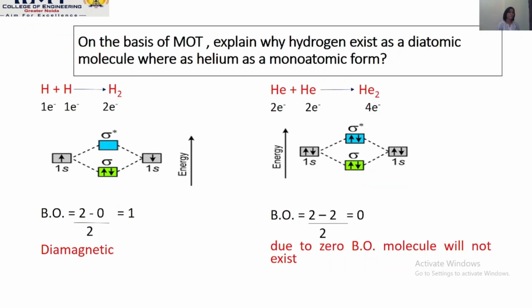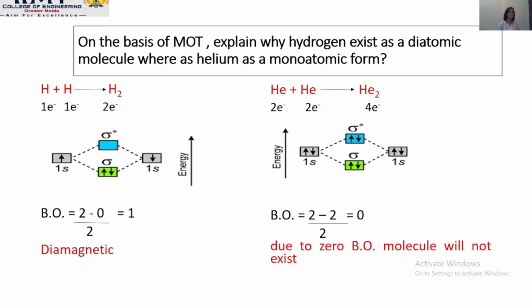I've taken some problems related to the topic on the basis of molecular orbital theory: explain why hydrogen exists as a diatomic molecule whereas helium exists in monatomic form. As shown in the diagram of the hydrogen molecule, it contains 2 electrons in the bonding molecular orbital and the antibonding molecular orbital is empty.